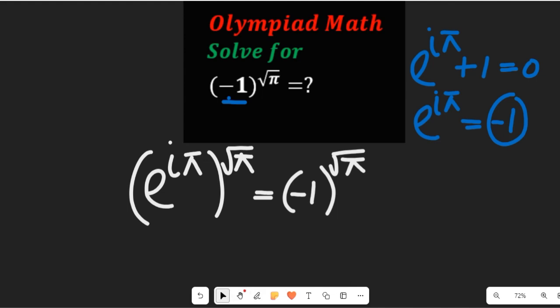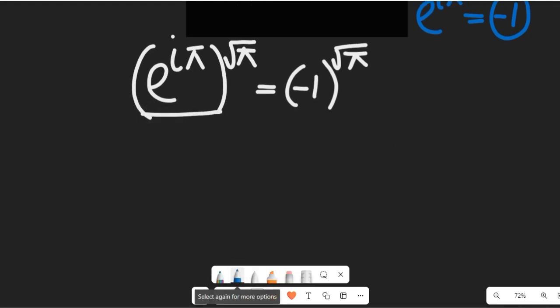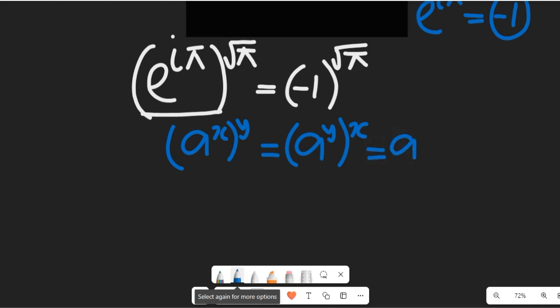Now let's take our mind back to the laws of indices. From the law of indices, if I have a to the power of x, all to the power of y, this can simply be a to the power of y multiplying the power of x, and this can be equal to a to the power of x multiplying by y.